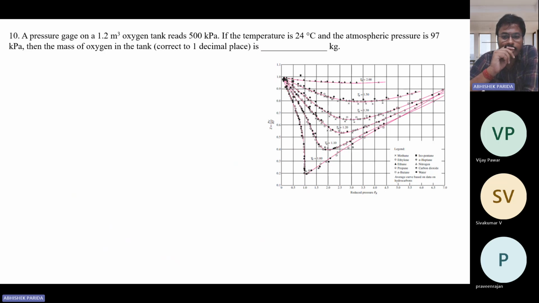Now how to find out Z? You have to use this chart. Although in this chart oxygen is not given, but you will get a small hint when you try to solve it. So first of all, what you have to do, just think about it. I am giving you 2 minutes.